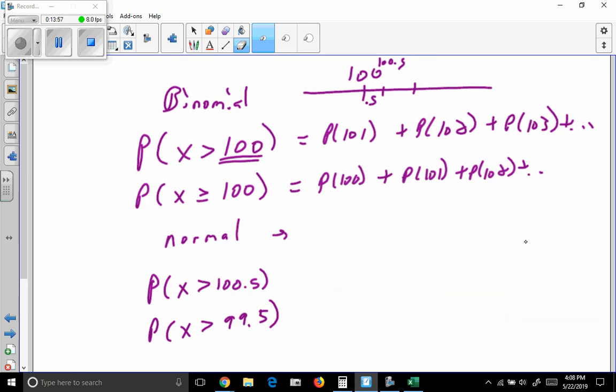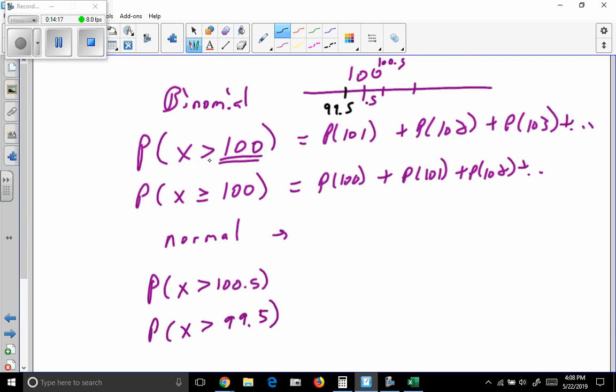So where it gets confusing is, when do we go a half unit past? When do we go a half unit prior? For this one, do we need to start at 99.5 or do we need to start at 100.5?